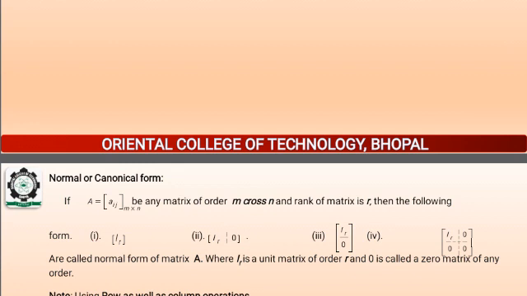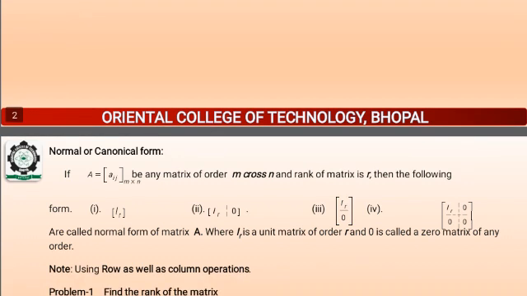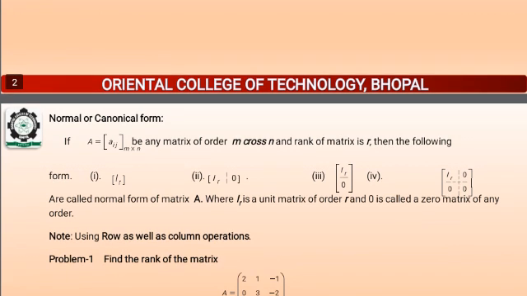Normal form or canonical form: if we have a matrix A = [aij] of order m cross n, and the rank of the matrix is r, then the following forms: first Ir, second [Ir 0], third [Ir over 0], fourth [Ir 0; 0 0], are called normal forms of matrix A, where Ir is a unit matrix of order r and 0 is a zero matrix of any order.